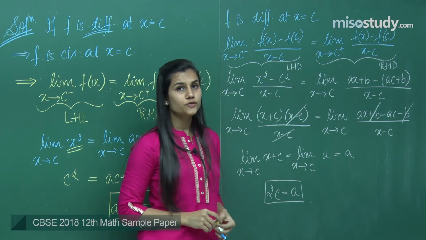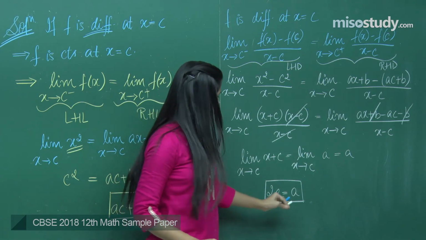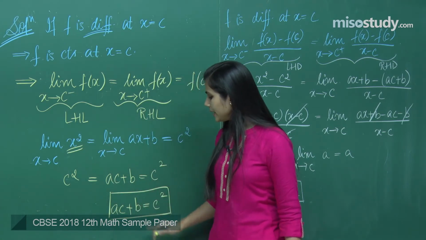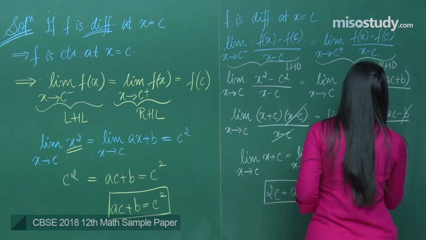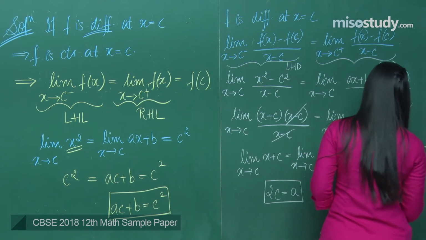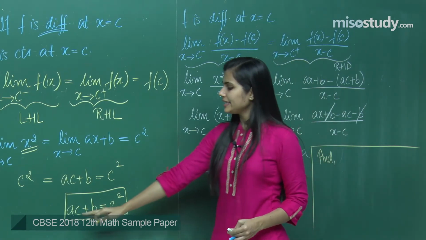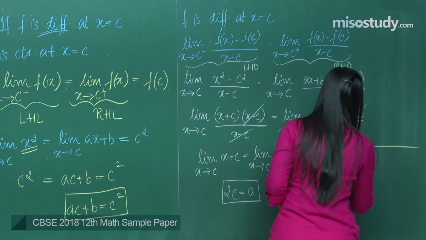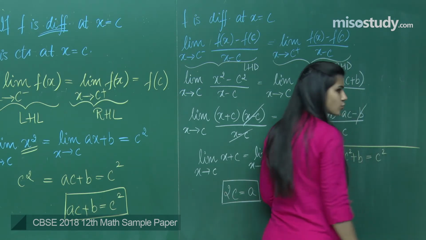That means you wanted to find out the values of a and b with respect to the point c. So a has come out to be twice this point c, and what is b? Plug in a as 2c, you get 2c square plus b equals c square.